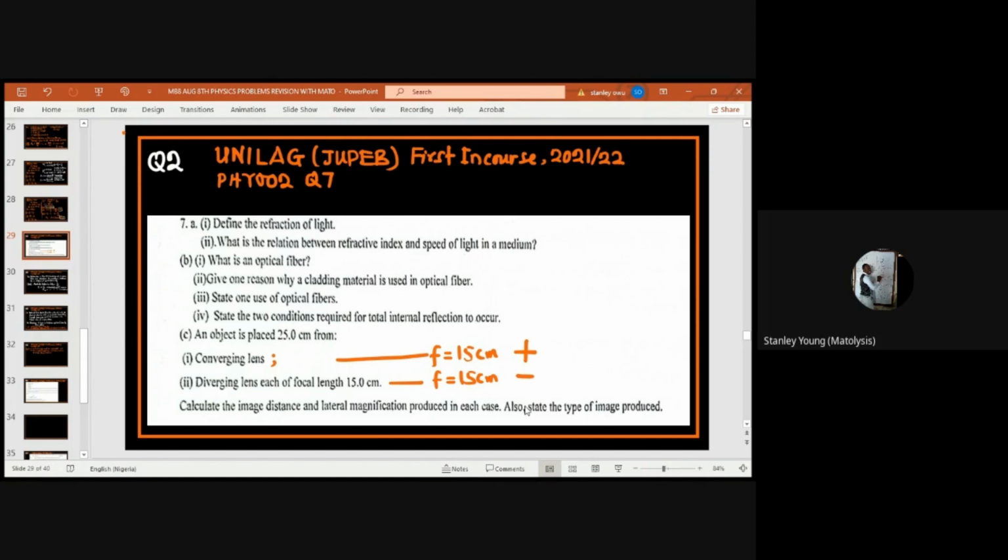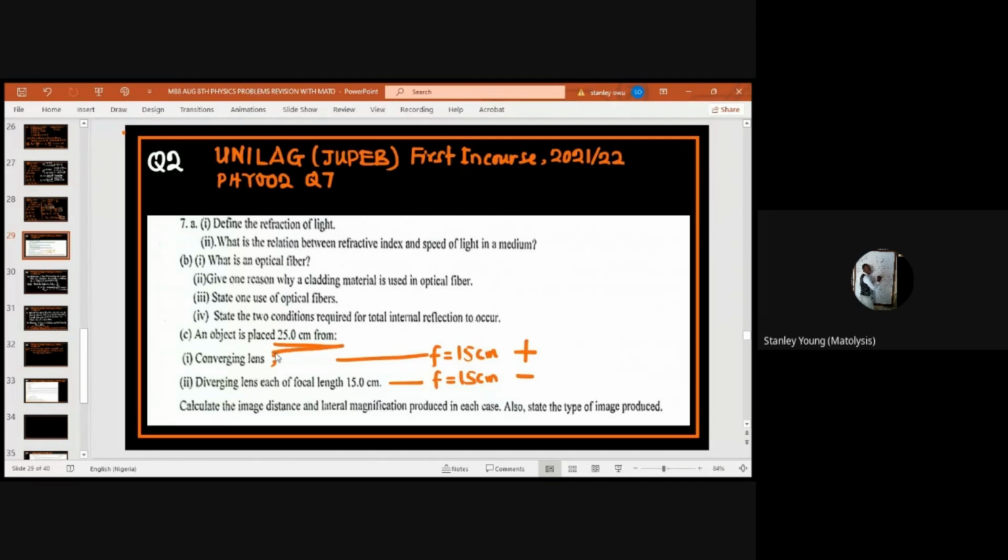So it says calculate the image distance and the lateral magnification produced in each case. Also state the type of image produced. So that's not a problem. What else did the question supply to you?